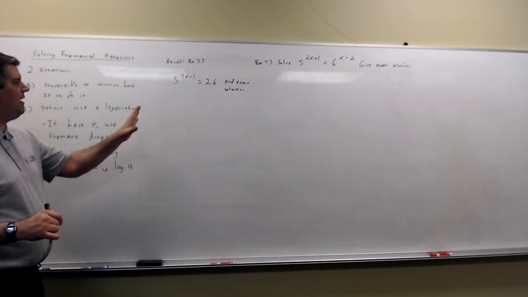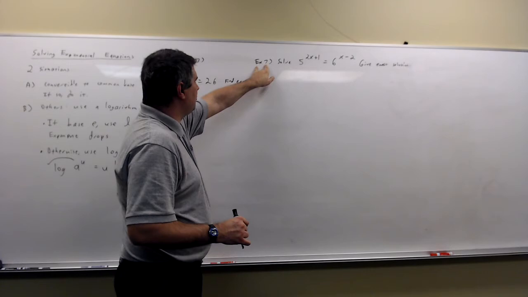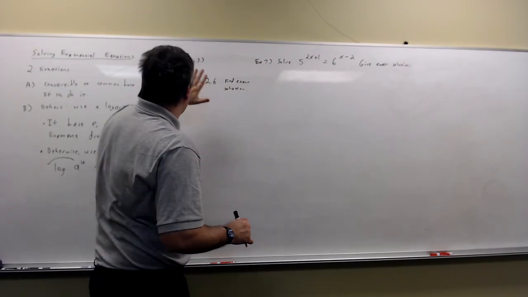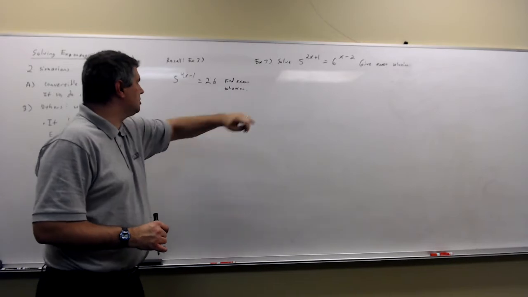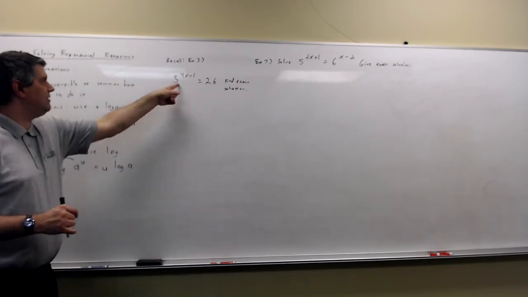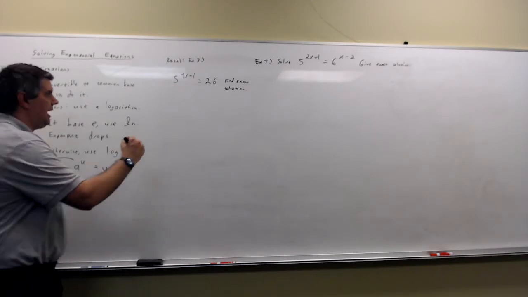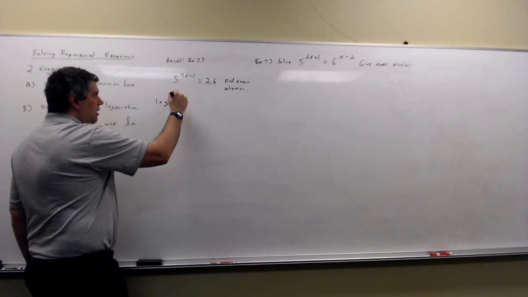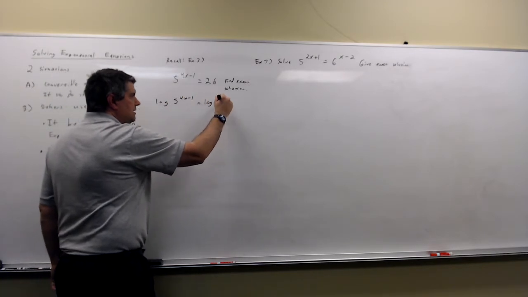Okay, the main event for right now is going to be example 7. But we're going to go back to example 3 as a review before we take on this problem. Okay, 5 and 26 are not writable in terms of a common base, so we're going to use the common logarithm. Okay, so I'll take the common log of 5 to the 4x minus 1 is log of 26.